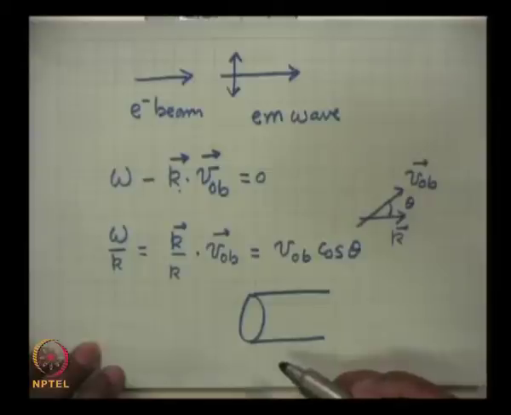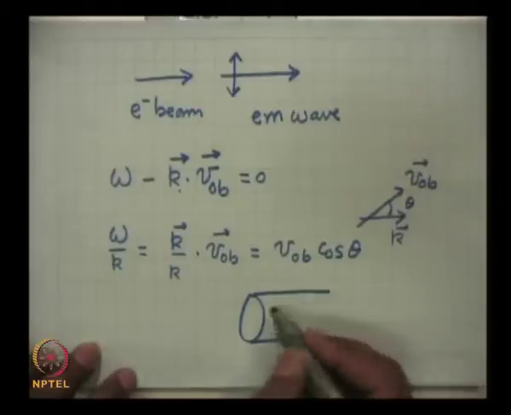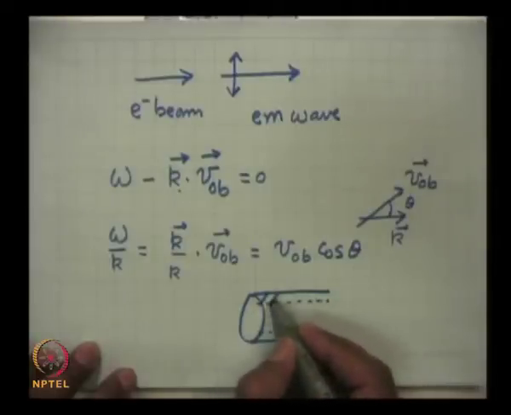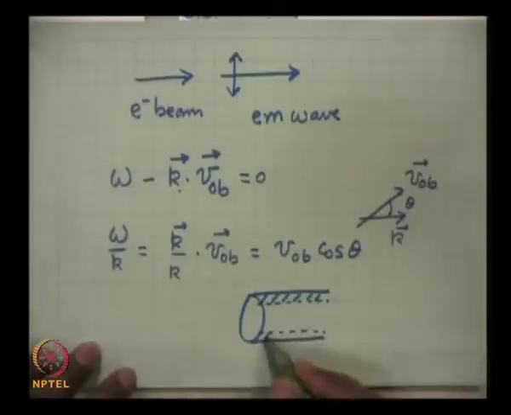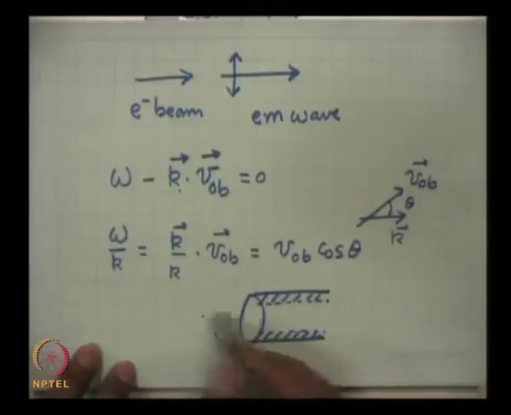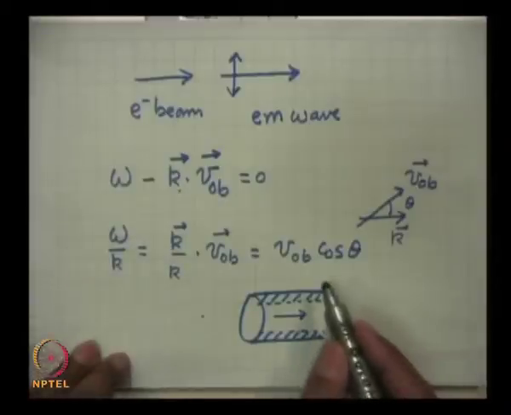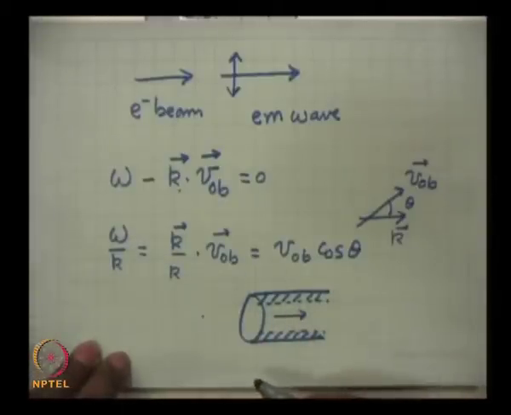However, if you line the waveguide with dielectric, suppose you fill a dielectric here in this region near the walls, load a dielectric here, then there is a possibility that the electromagnetic wave that travels through this structure can have a phase velocity less than c, and this condition can be satisfied.